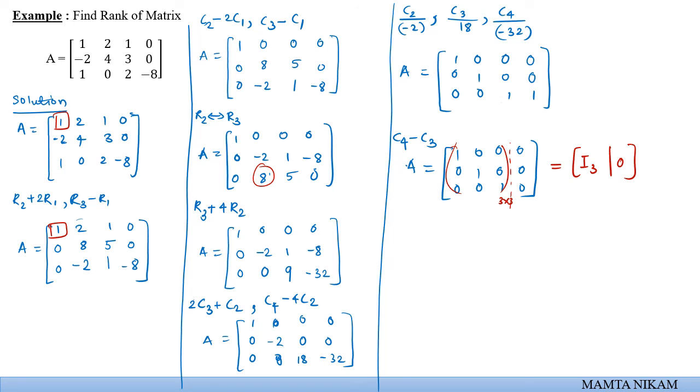This is another one of the normal forms, and therefore what is I3? This 3 is nothing but the order of the identity matrix, and ultimately the rank of the matrix. Therefore the rank of the matrix here is equal to 3. In such a manner we reduce the given matrix to normal form and obtain the rank of the matrix.